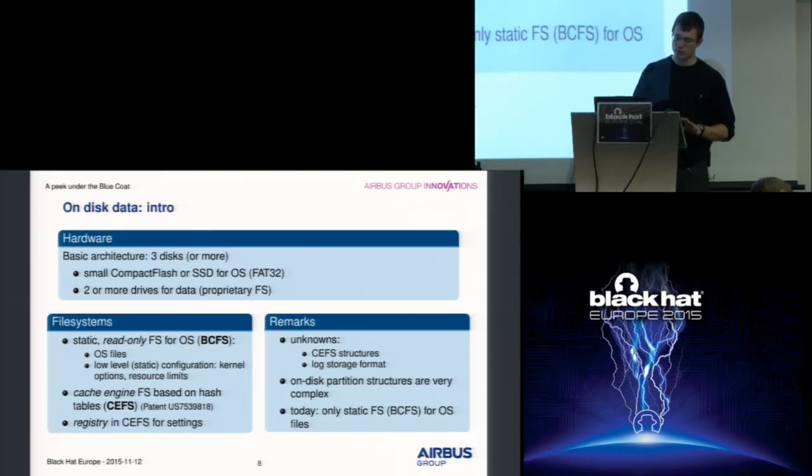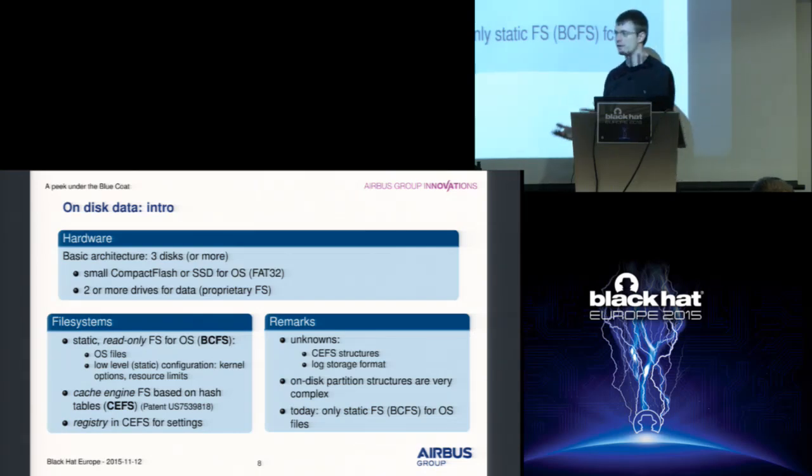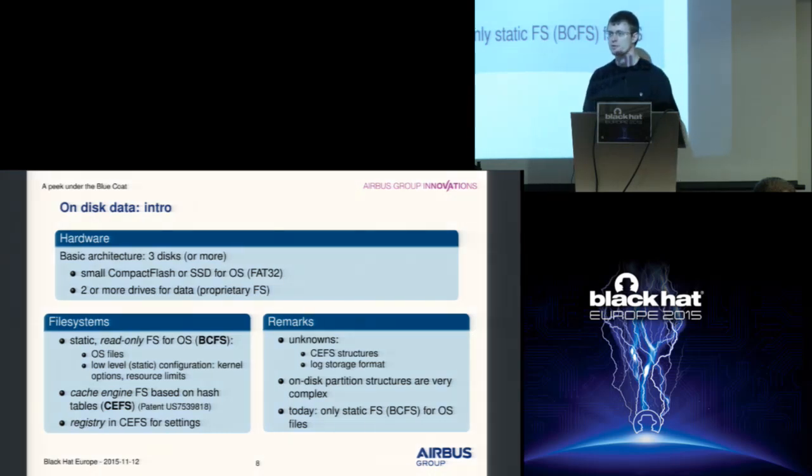So there are 2 types of file systems that you can find in the Blue Coat, besides the FAT32 that is not really used. You have the static read-only file system that is used to store the operating system files. That's called BCFS. And you will find there the binaries and also static configuration put on by Blue Coat regarding the kernel and everything. We'll go back into that later.